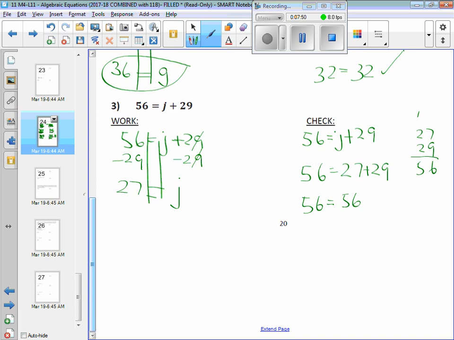If the check doesn't work, where you don't get these two numbers the same, then you've made a mistake somewhere. And then we have to go back and analyze it, whether it's with me or with another fellow student, or you just self-analyzing it yourself and you find your own mistake. Okay? If you have any instances of that so far, I'll help you through it.